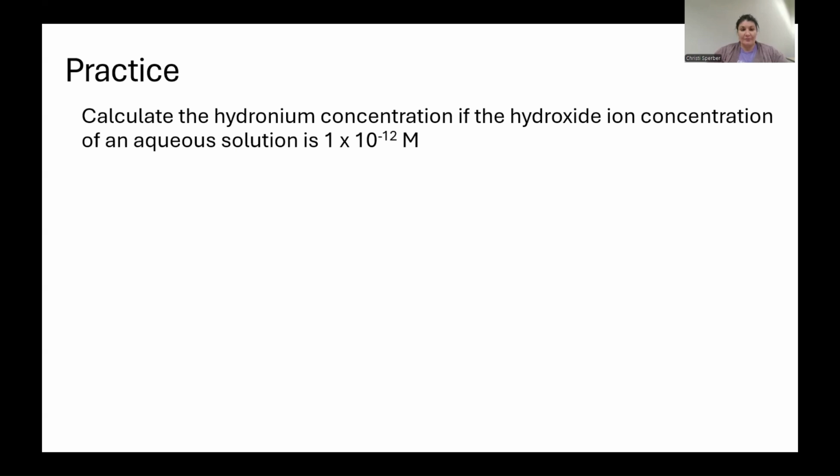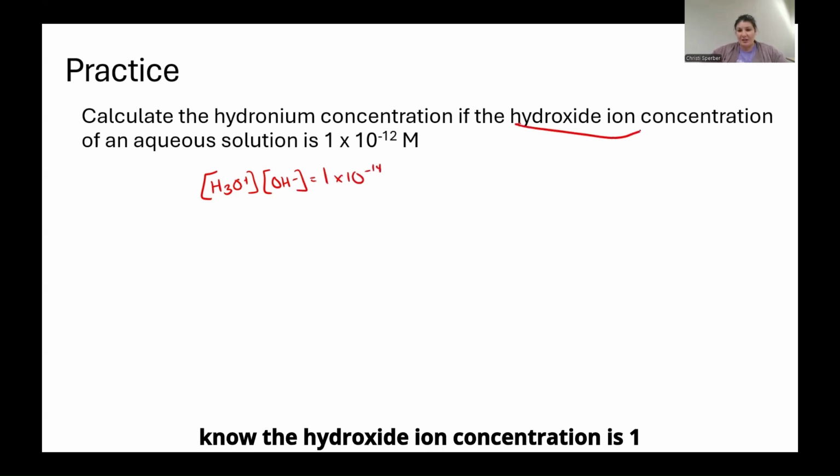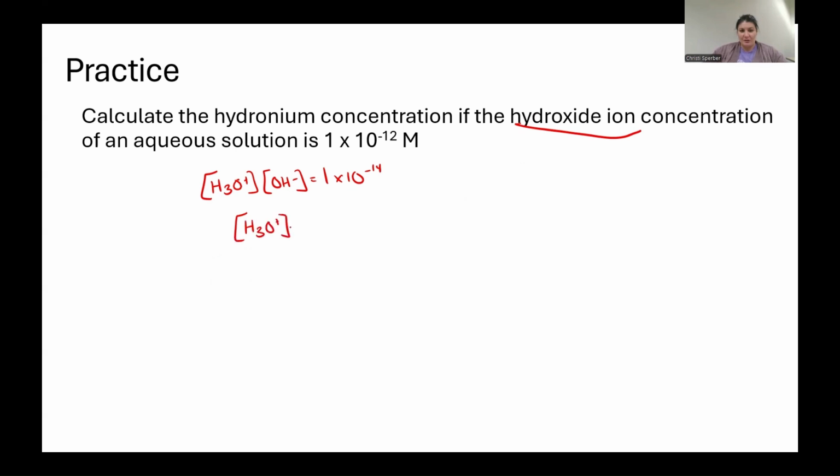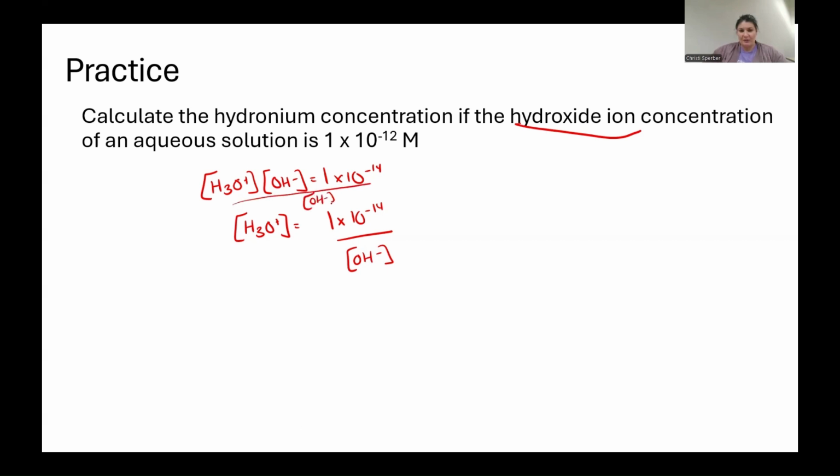Okay, so we know that the product of the concentrations of hydronium ions and hydroxide ions is equal to 1 × 10⁻¹⁴. And we know the hydroxide ion concentration is 1 × 10⁻¹². So we can rearrange this equation to solve for the hydronium concentration and have OH minus on the bottom, because we divide both sides by OH minus.